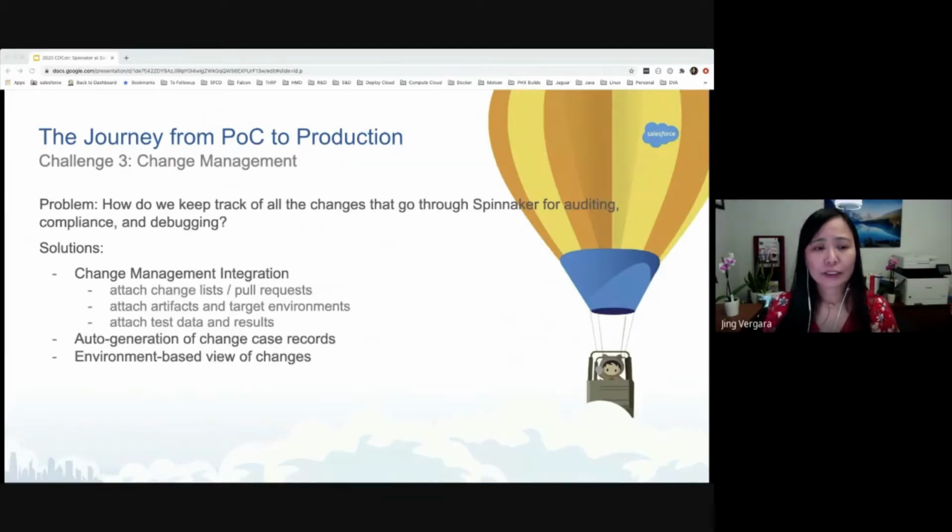The third challenge is how different teams keep track of all the changes that go through Spinnaker. We need this for auditing and compliance. Then there are other personas, like service reliability engineers, who typically debug issues for a particular environment.